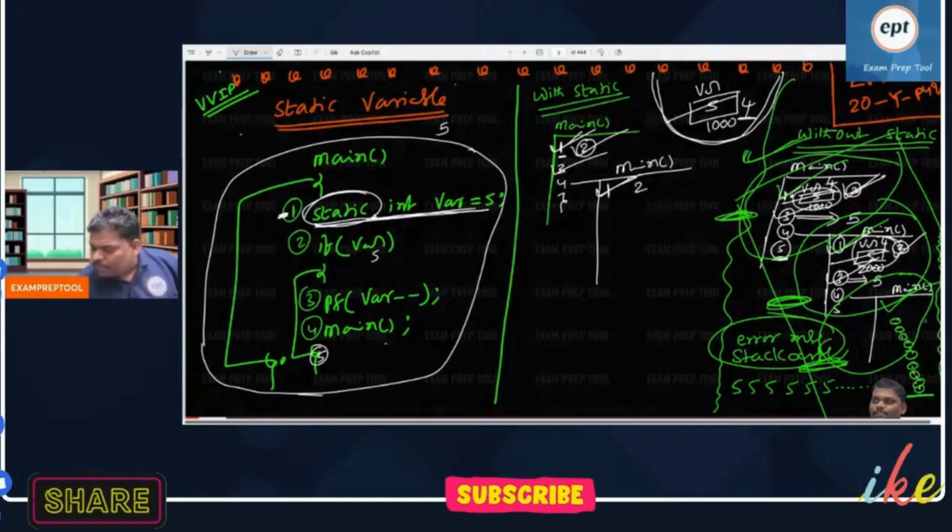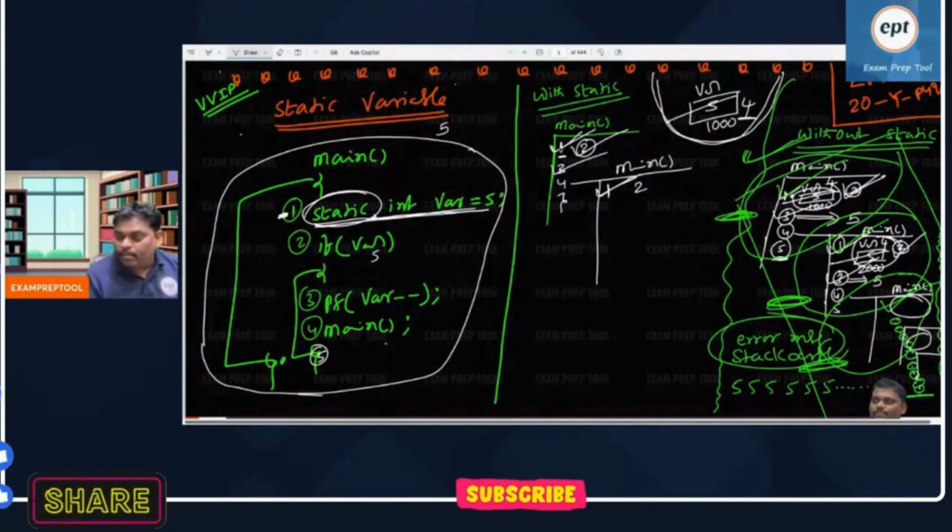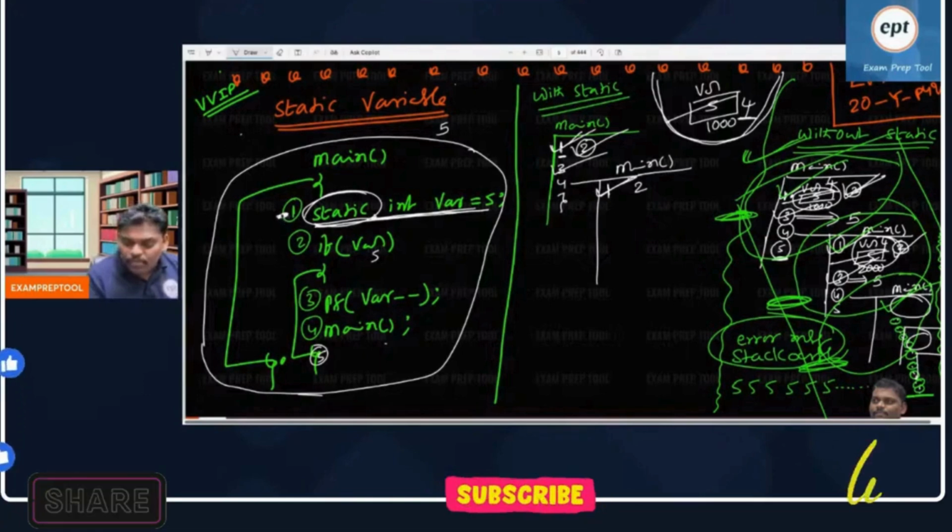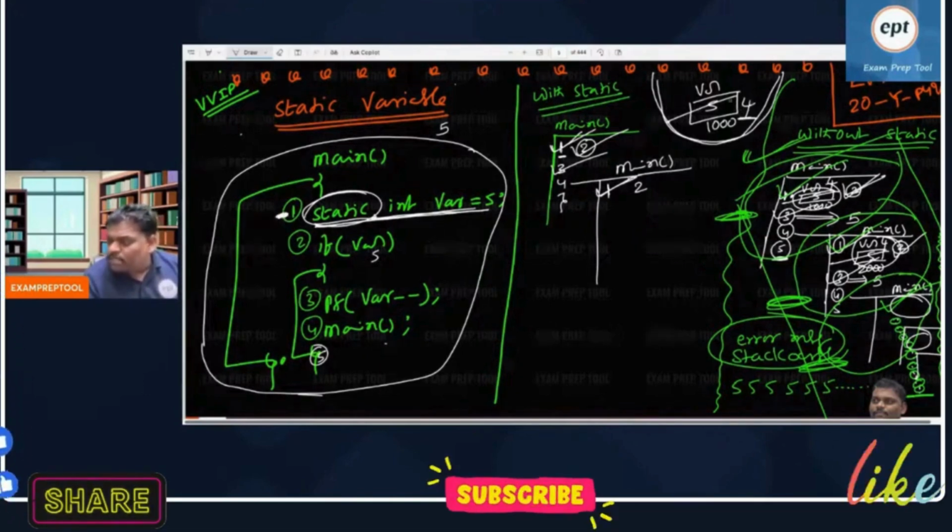In a recursive program, if the declaration is there and you don't use static, memory will be allocated again and again. But here, at compile time itself, memory is allocated for this variable. Only one time memory is allocated, one time initialization is done. You don't do initialization again and again.